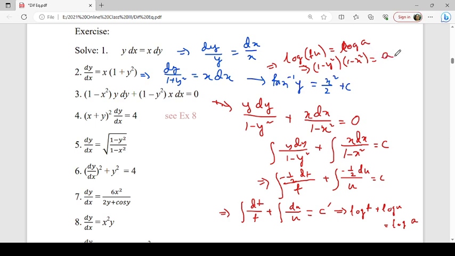So this is the solution, we are eliminating this dy/dx.